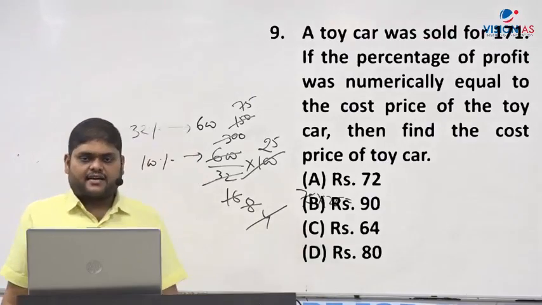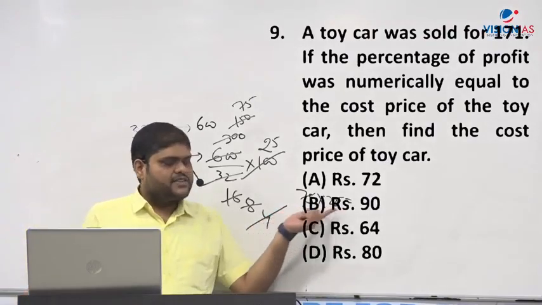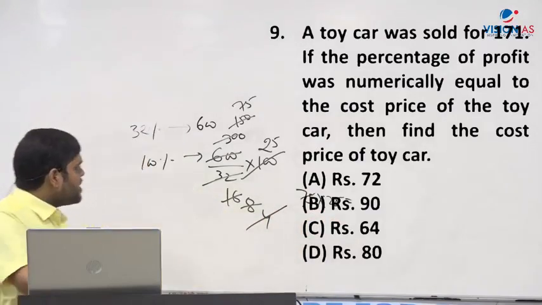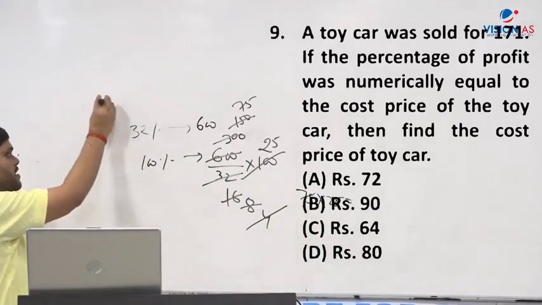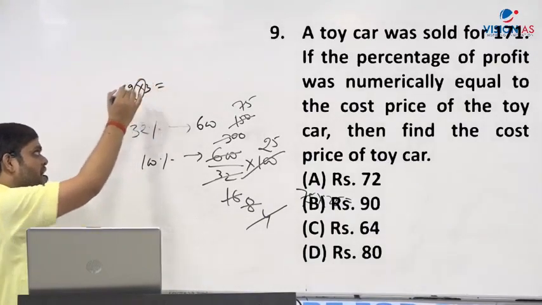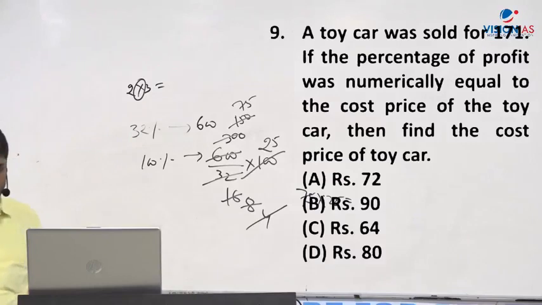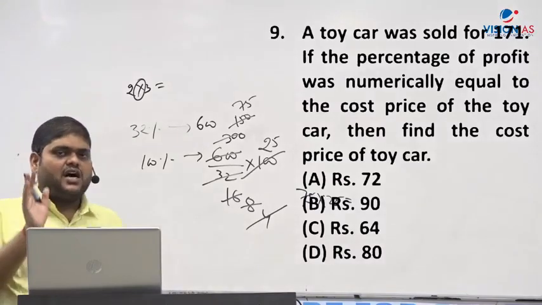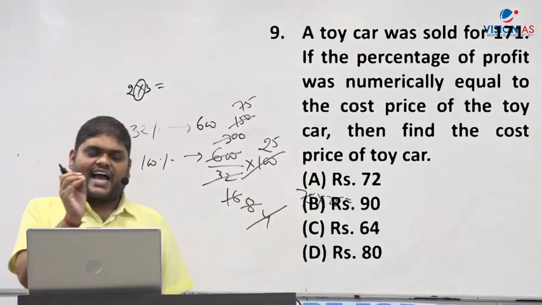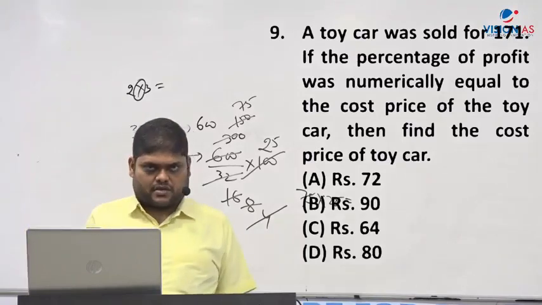Okay, one more thing. How can you multiply these two numbers without doing anything? See, whenever we are multiplying, listen carefully. Multiplication is not a basic operation. Whenever you are multiplying, actually you are adding something.